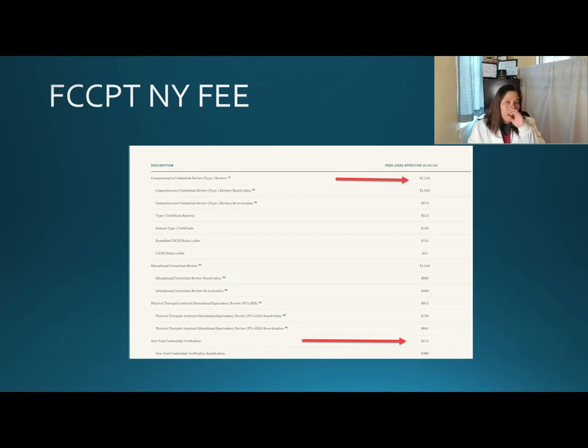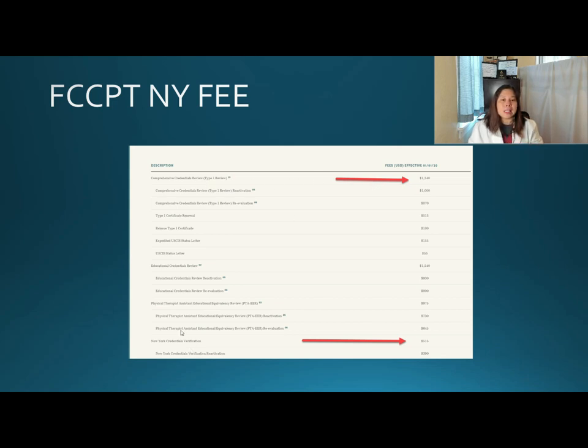Okay, so for FCCPT, you have to remember, if you're applying to New York, it has its own FCCPT. You have to go down here to New York credential verification. This type 1 comprehensive review is for other states.